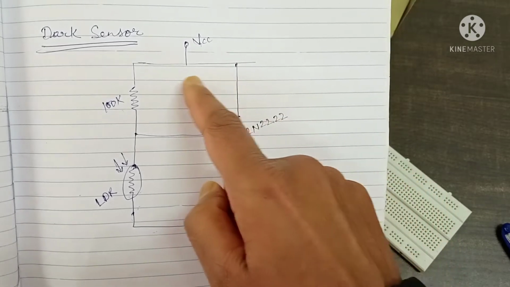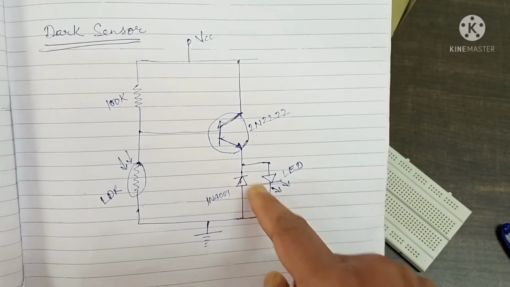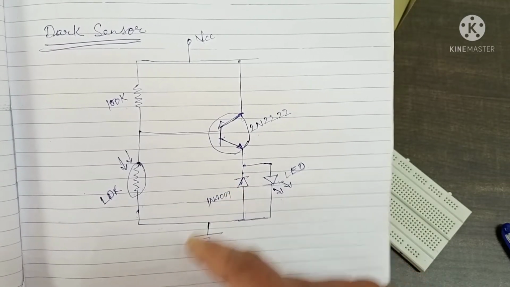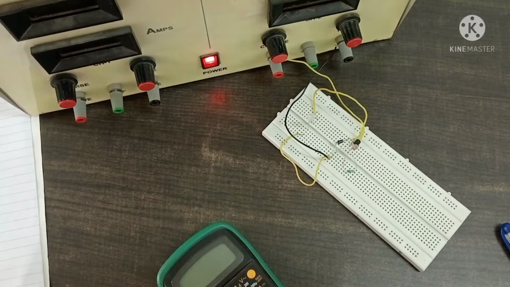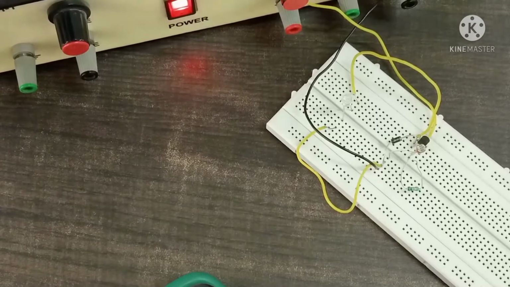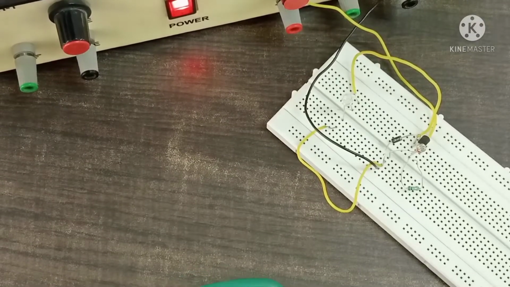Variation in VCC will vary the voltage across this diode. Clear? So the same principle we will use in operating different types of machines, such as how an automatic switch works, or automatic stabilizers. The same concept we can apply in so many applications. The principle is here in front of you; the application depends on you.